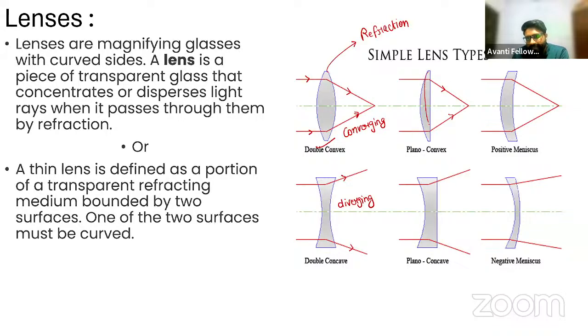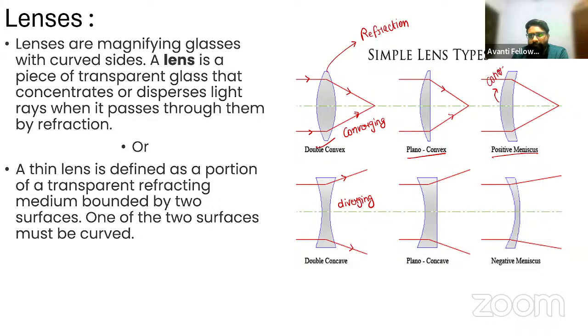Here only one surface is convex and the other surface is plane, so this type of lens is termed a plano-convex lens. And this one you can write as convexo-concave lens, and the second name is positive meniscus, which means the more curved part here is behaving as a convex lens.